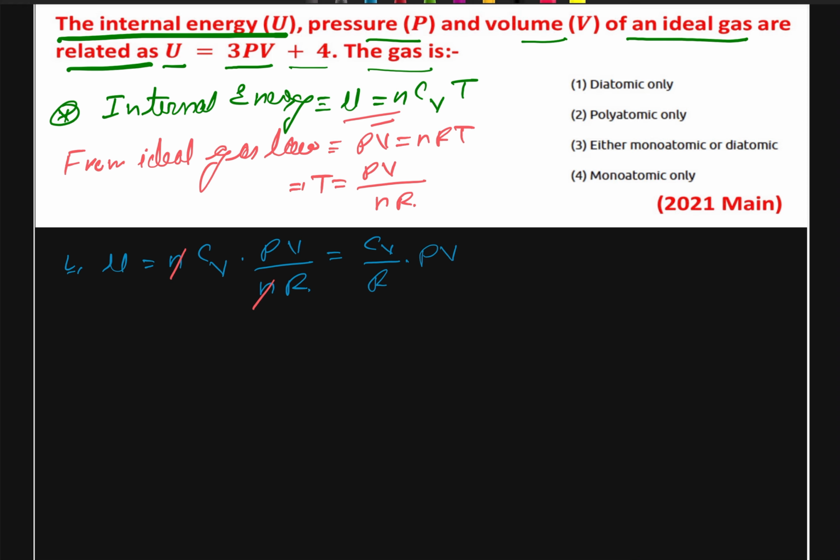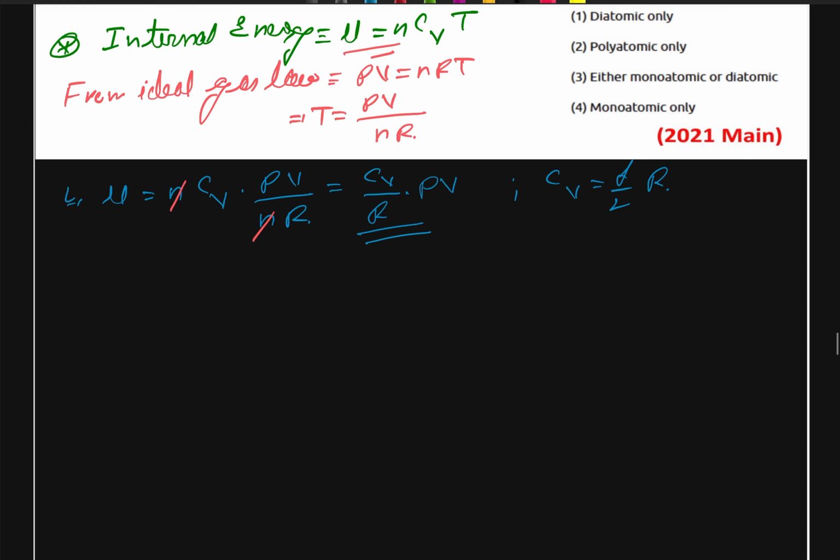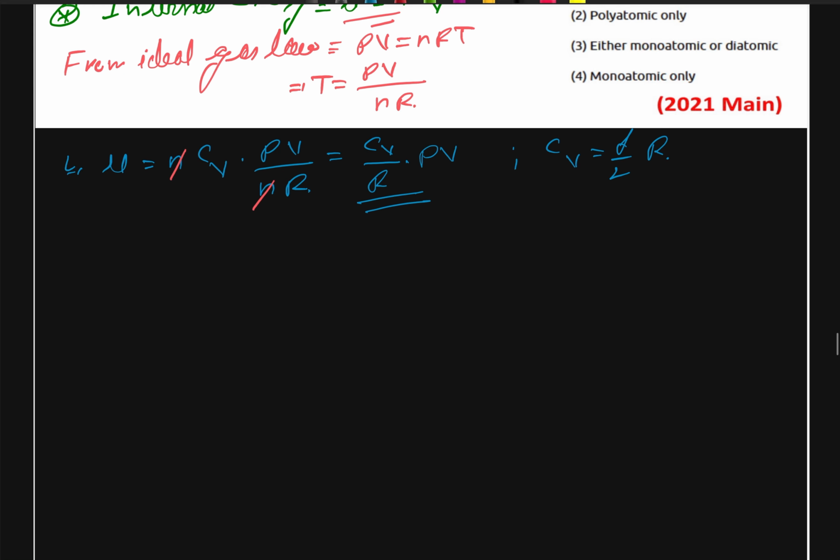And we already know that our C_V is equal to f upon 2 times R. So we substitute it here, we get our internal energy is equal to f upon 2 times PV.